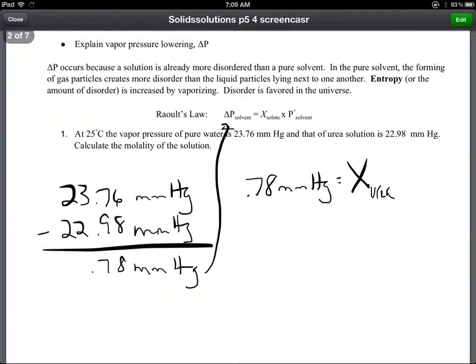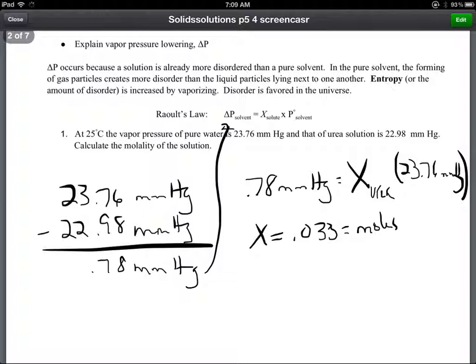Again, you don't have to label that, but sometimes it's helpful to keep track of where you are. Times the original pressure, which in this case is of the pure water, so times the 23.76 millimeters of mercury. And just solve for the mole fraction. So 0.033 equals your moles of solute over moles of solution.